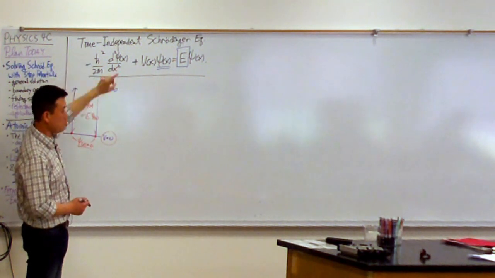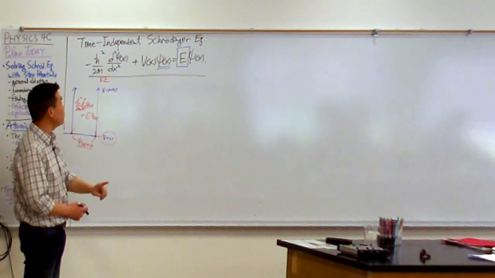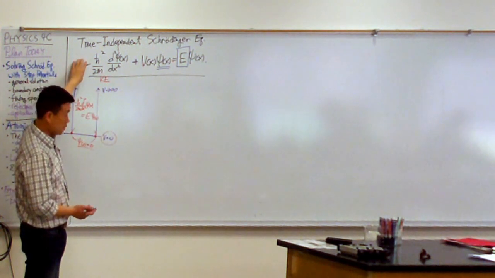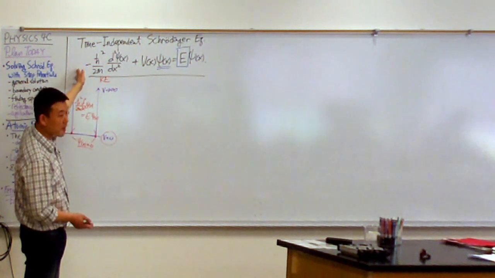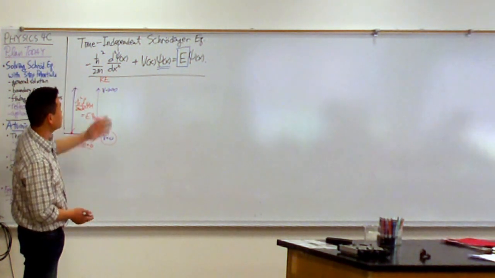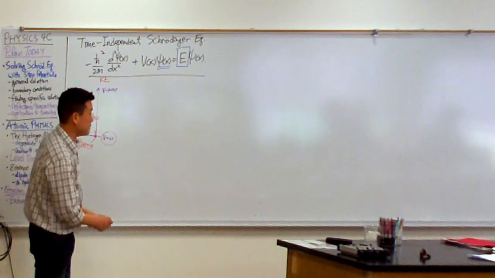And I'm giving you one additional context where you can actually solve the Schrödinger equation. The mathematical tools and training you have are enough to solve it in this circumstance.